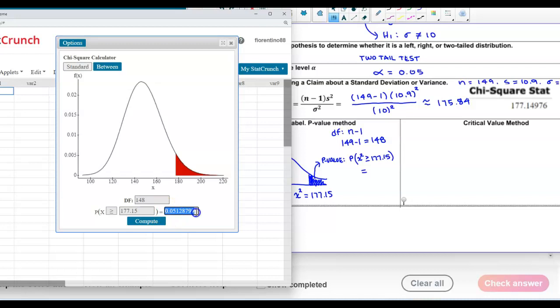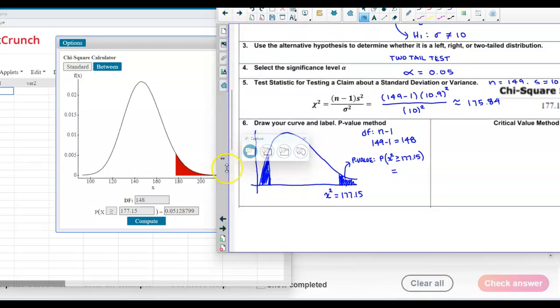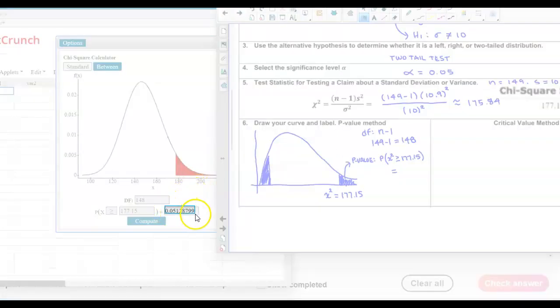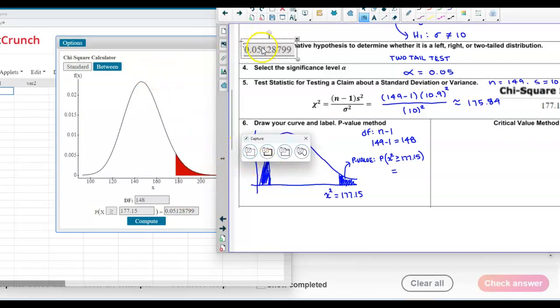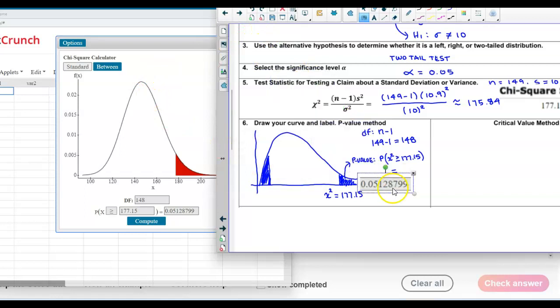Now they're going to want us to round this to 3 decimal places, but before we do, we're going to take this entire value, which is the p-value, and multiply it by 2. So I'm going to go ahead and copy this value, which is our p-value. Okay, and that's the p-value that represents one tail.